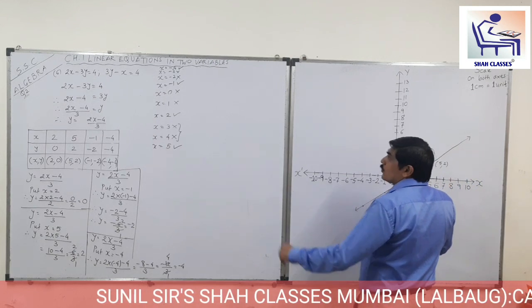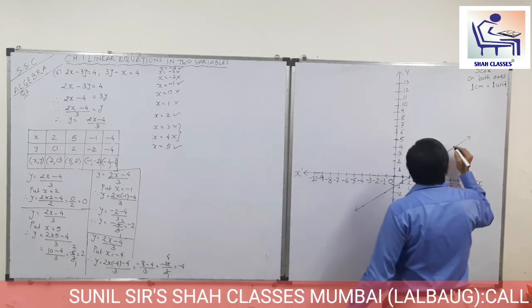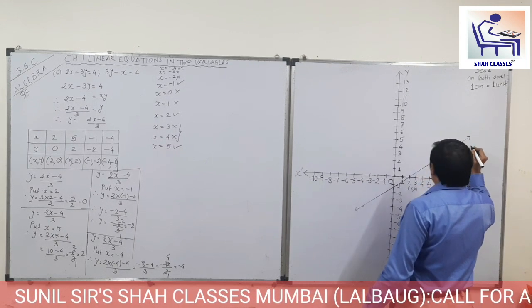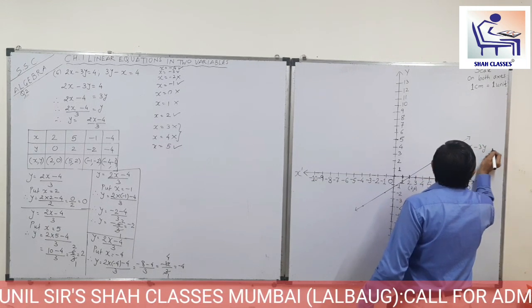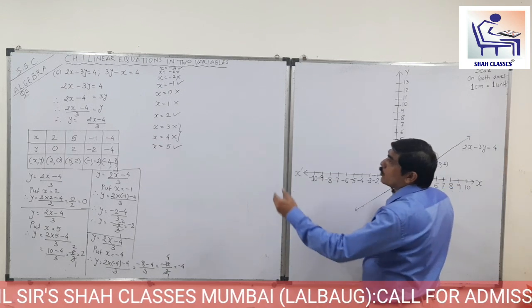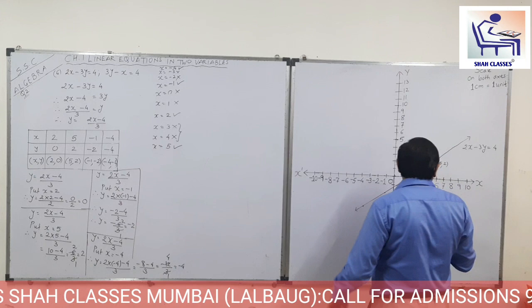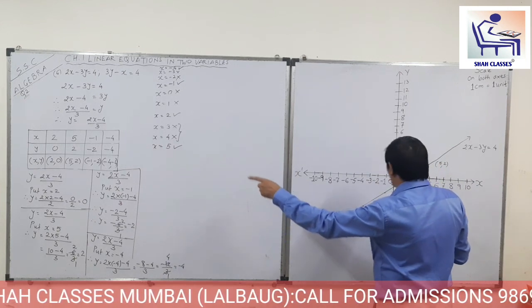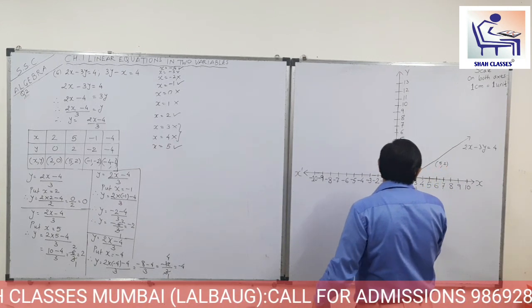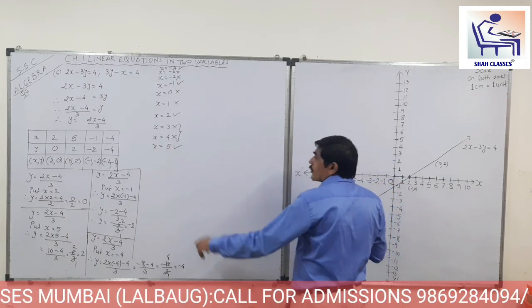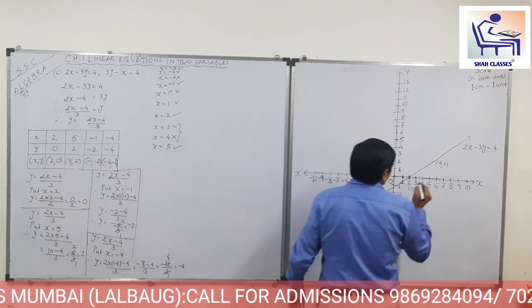Now we have to give the naming to this equation: 2x minus 3y is equal to 4, and we will write all the points once again. 2, 0. This is your first point. Your second point is 5, 2.